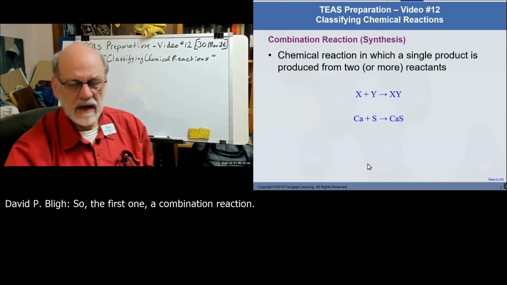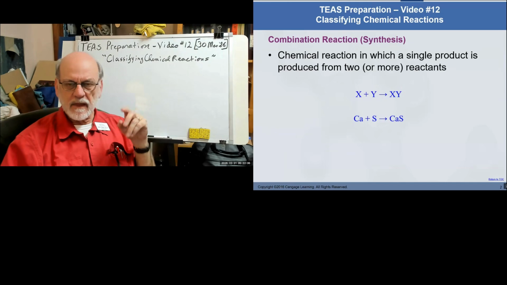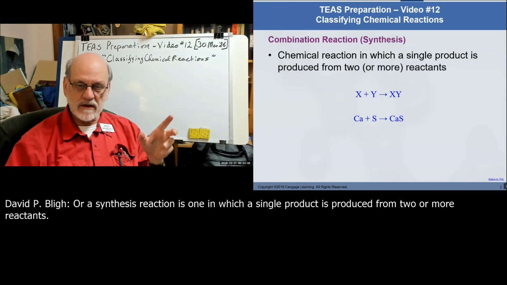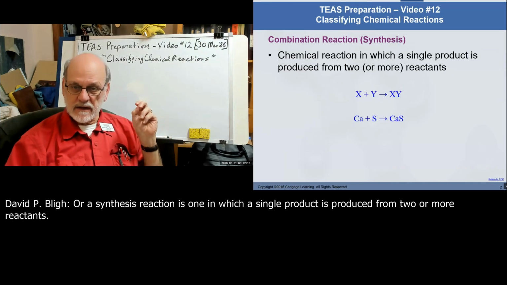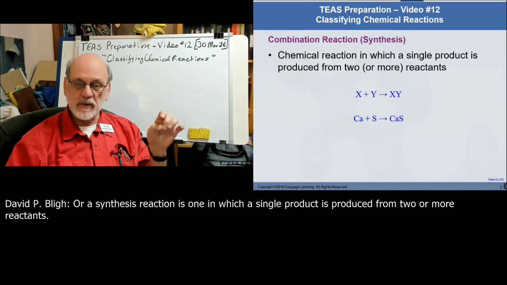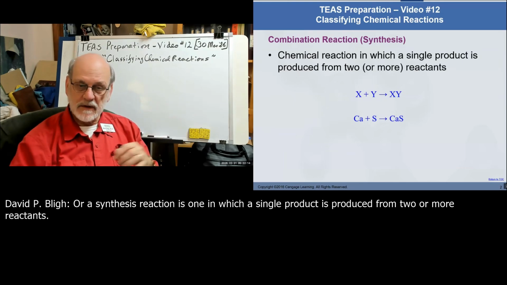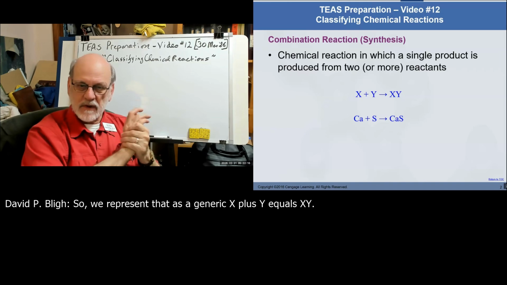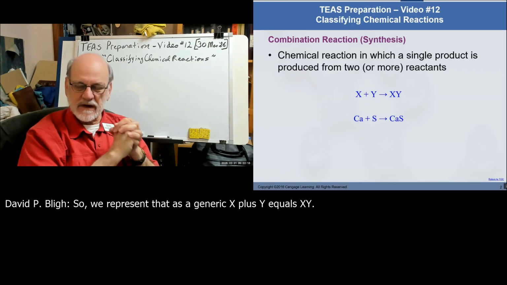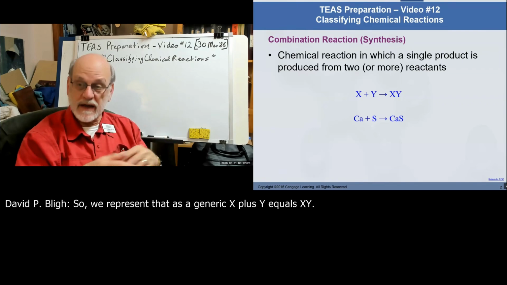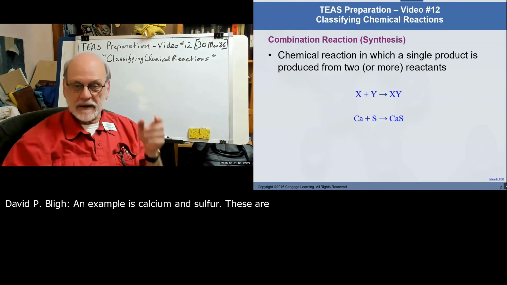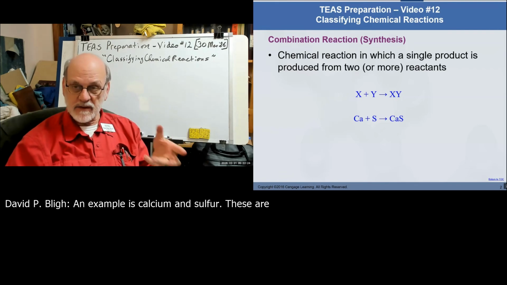So the first one, a combination reaction or a synthesis reaction, is one in which a single product is produced from two or more reactants. So we represent that as a generic X plus Y equals XY. An example is calcium and sulfur.